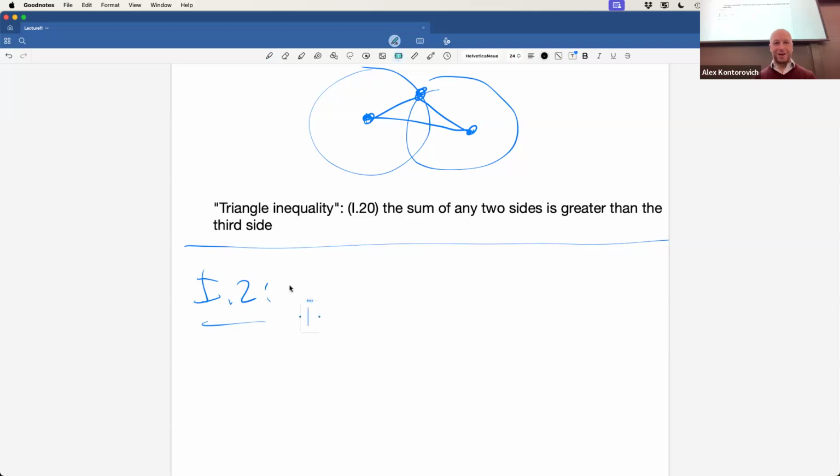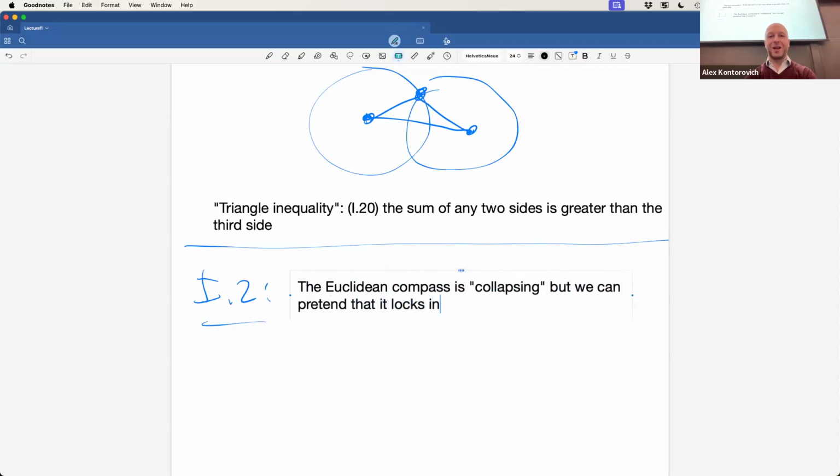I'll write it that way in lay terms: the Euclidean compass is collapsing, but we can pretend that it locks in place. Okay, so that's the interpretation of what it says.